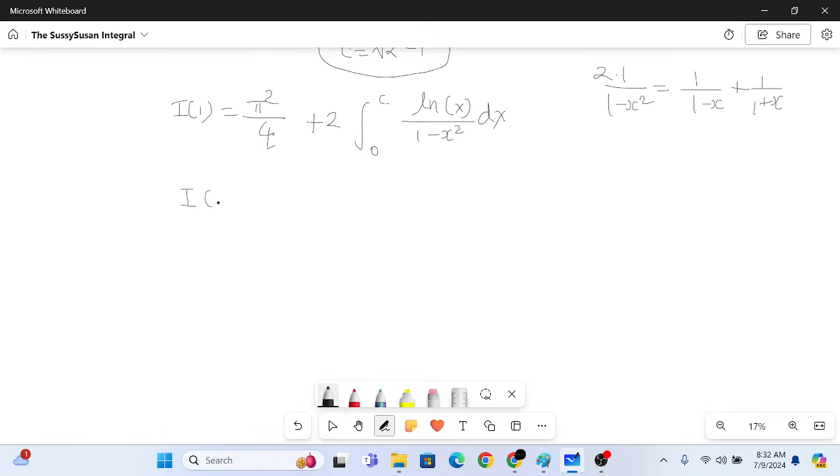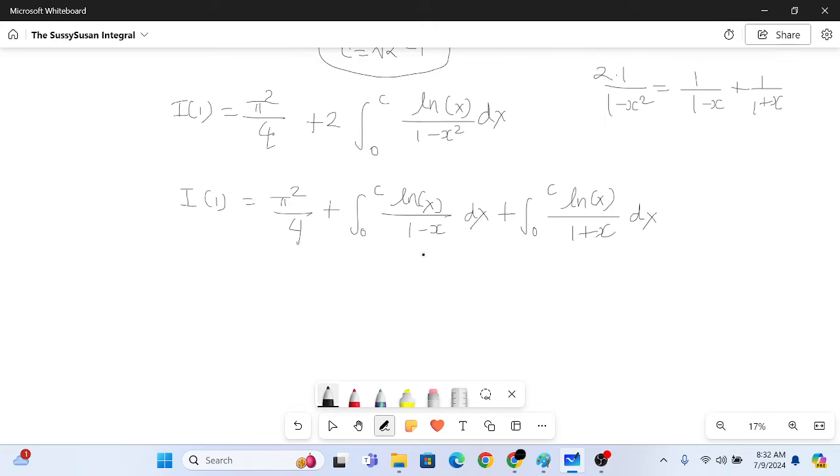So we have I of 1 equal to pi square by 4 plus integral from 0 to c of ln x by 1 minus x dx plus integral from 0 to c of ln x by 1 plus x dx. Now to solve this, we need to notice that this integral is actually a polylogarithm integral.